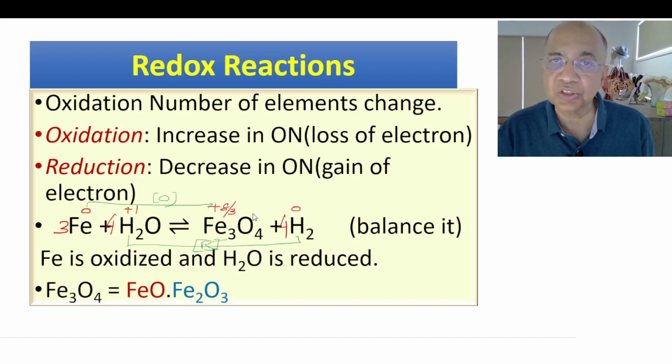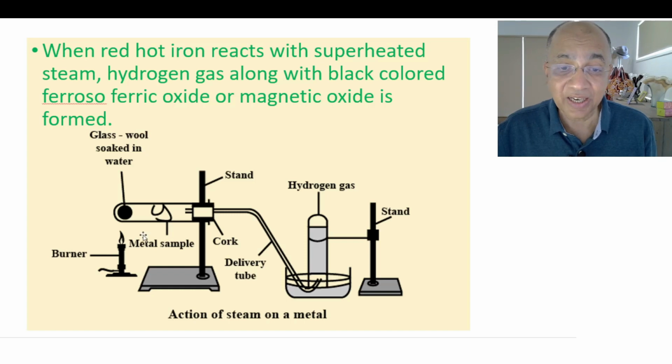So this is oxidation. And once there is oxidation, loss of electron, there has to be gain of electron. Hydrogen is in the plus 1 state in water, and it goes to the neutral 0 state. So here the oxidation number is decreased. This is a reduction, right? So this is the redox reaction. Here the iron metal is taken, and here water soaked in glass wool.